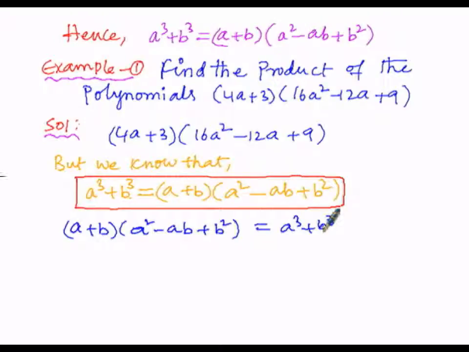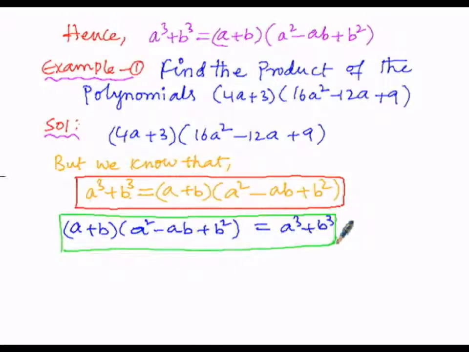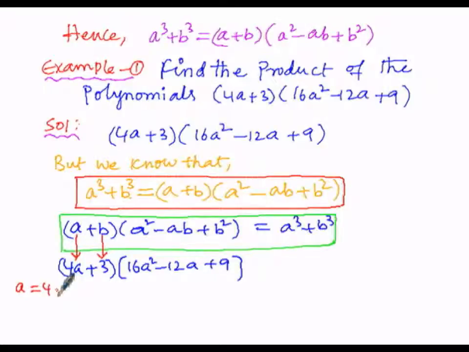Now the problem given to us is to find the product of these two polynomials, 4a plus 3 and 16a square minus 12a plus 9. Here I am going to replace a by 4a and b by 3.